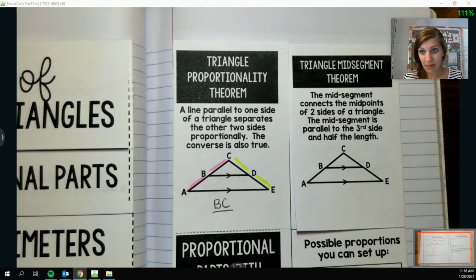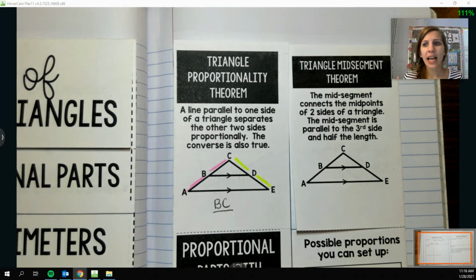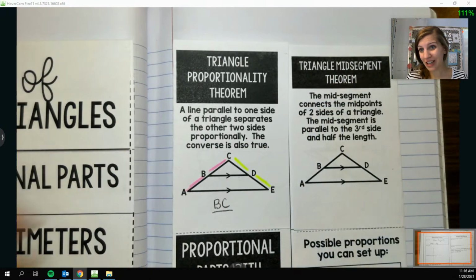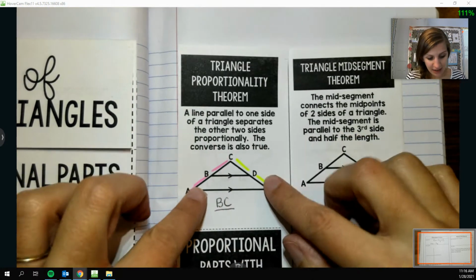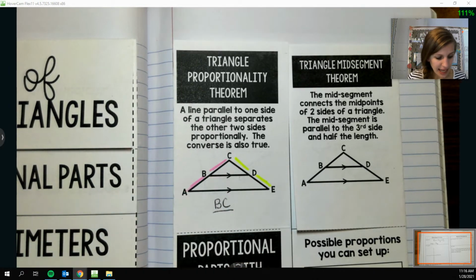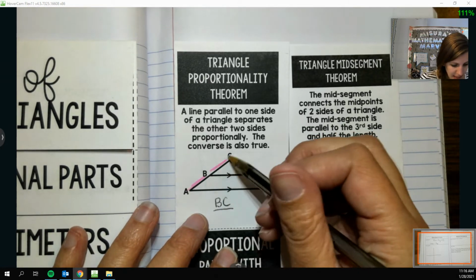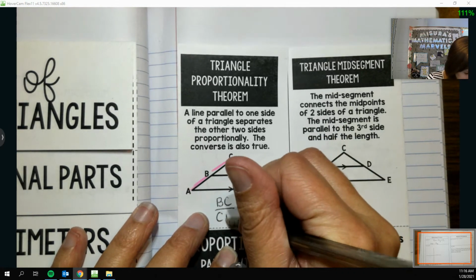If it's not right in the middle, but it's still parallel, you can still get this proportionality, where we can travel along the edges, like I have drawn here, but you can also go side to side like this. So we can write it as BC over CD.